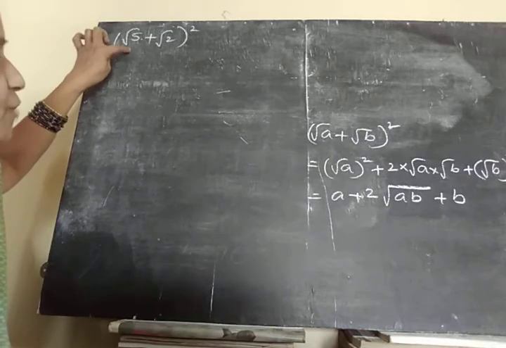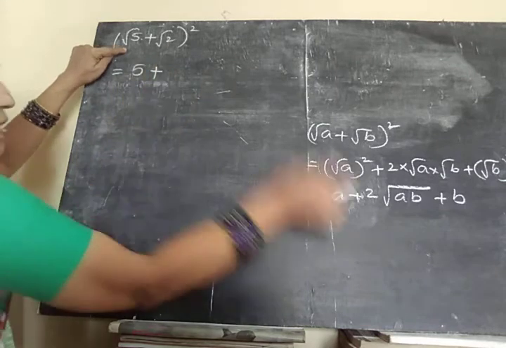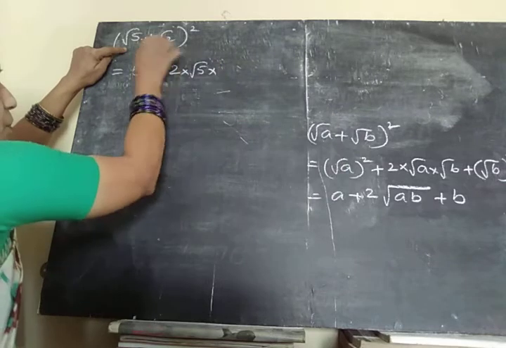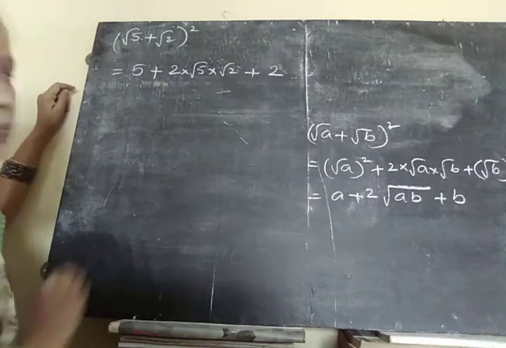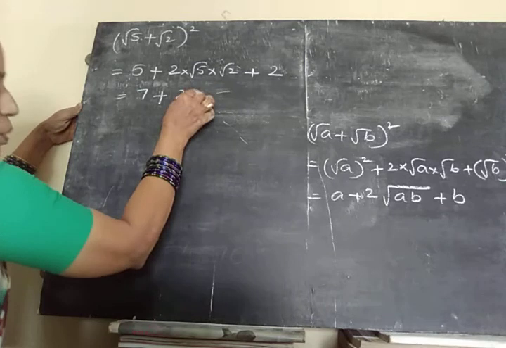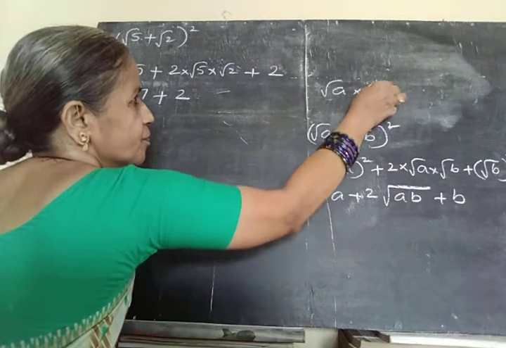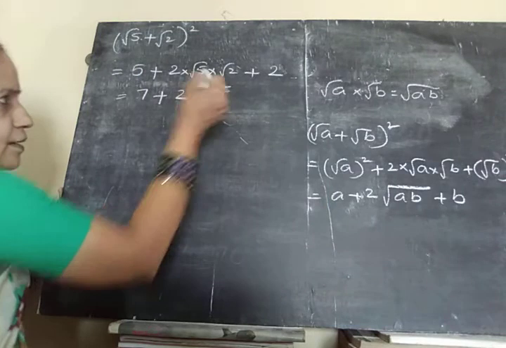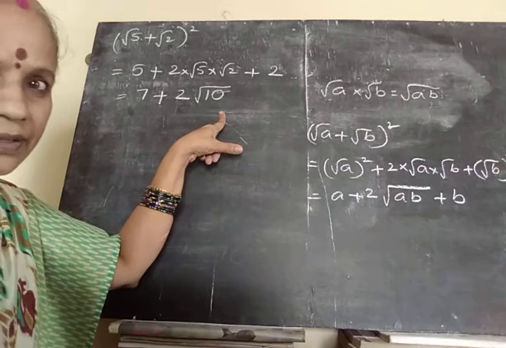In the place of root A, root 5 is there. So it becomes what? Root 5 whole square means 5, plus 2 into root 5 into root 2, plus root 2 whole square means 2. Okay. 5 plus 2, 7, plus 2 into root 5 into root 2. Root A into root B is equal to root of AB. So root of 5 into 2, 10. So final answer is 7 plus 2 root 10. Understood children?